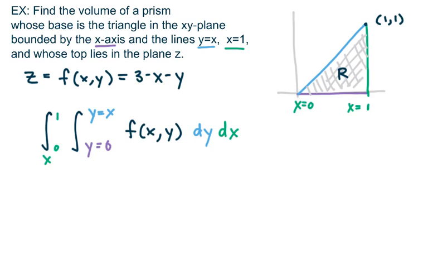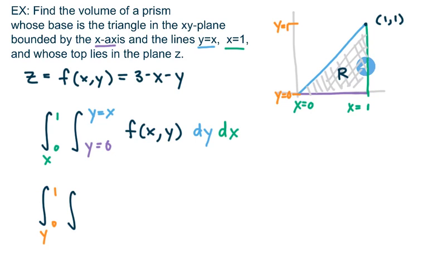The other way we could set this up would be by thinking about these y values as constants. So we've got y equals 0 to y equals 1. So here's my y going from 0 to 1. My second integral, here, this blue line is x equals y. The further line away is x equals 1.